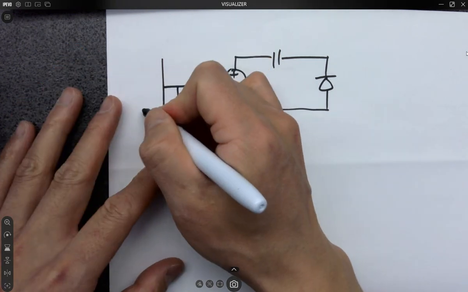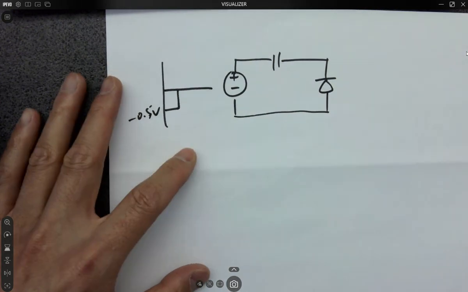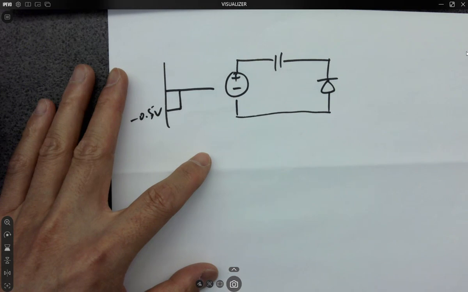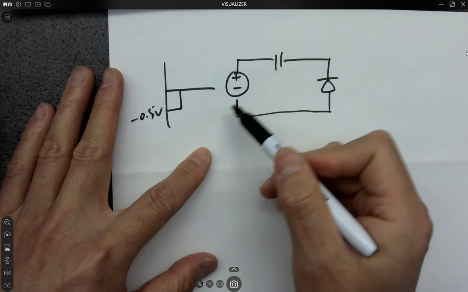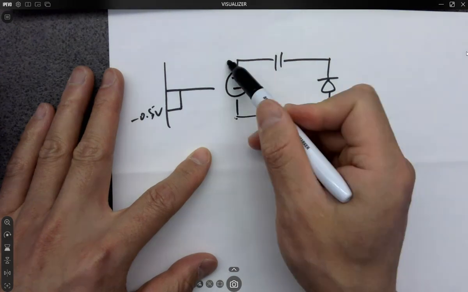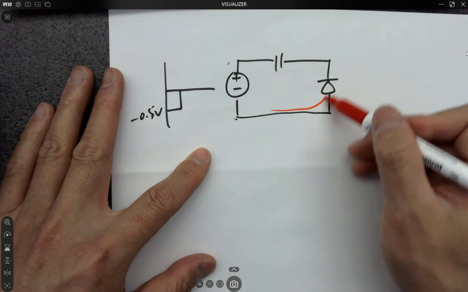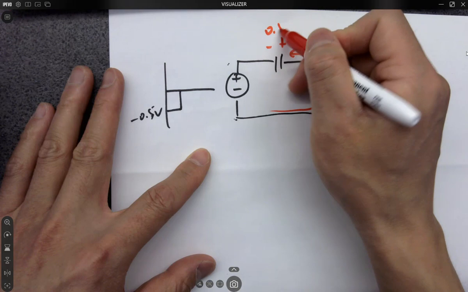Let's say I'm having 0.5 volts, it's a negative voltage. So negative 0.5 volts, which means here is higher potential, here's lower potential. So what's going to happen is it's going to charge up the caps through the diode this way, and eventually giving you plus minus from right to left 0.5 volts.